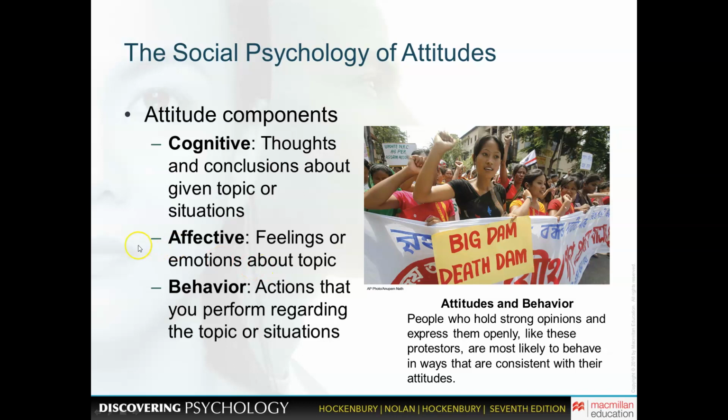And last but not least, the third component is behavioral, the actions that we perform regarding the topic or situations. The example here in this photo is student protesters from India calling for an end to large dam projects in their country.